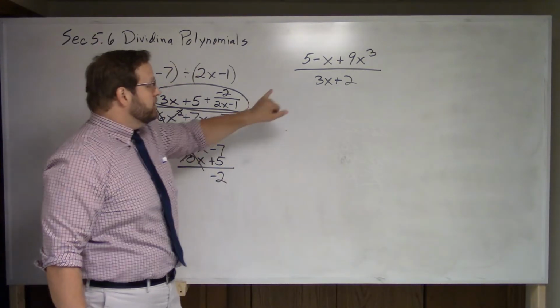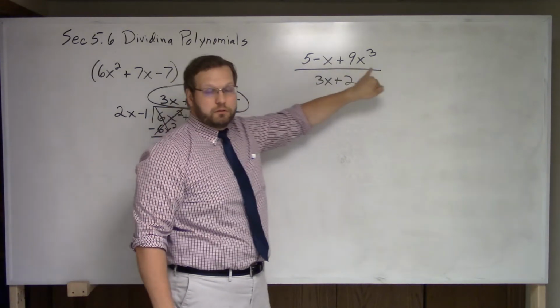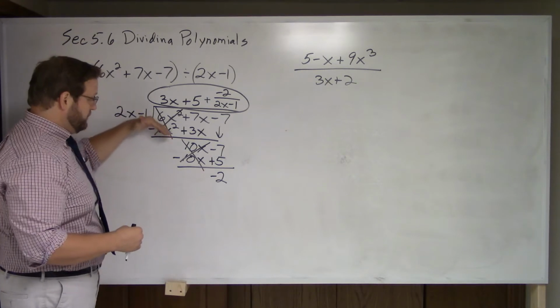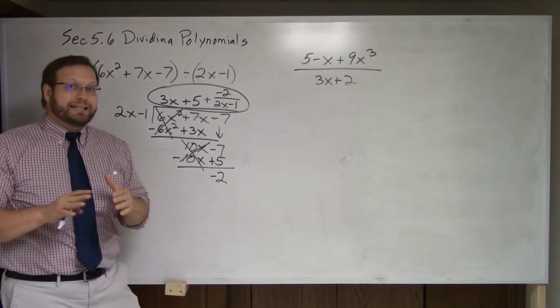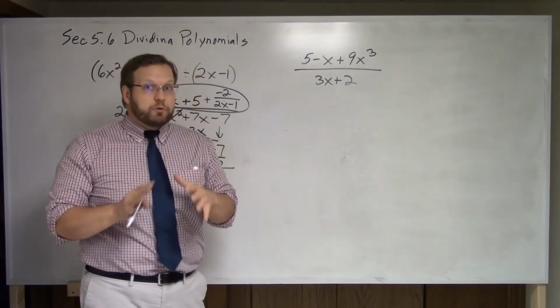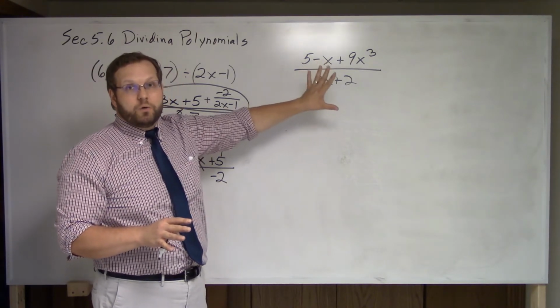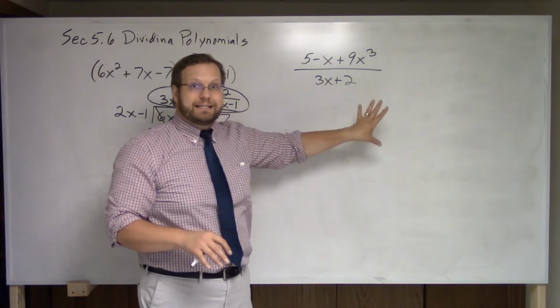First of all, do you notice how this is not in descending order? The whole point of this process is so that we chip away term by term along that polynomial. We need to have it in descending order in order to do that. So the first thing I'm going to tell you on this, always write these in descending order. If you're taking notes, write that down. Always write these in descending order.